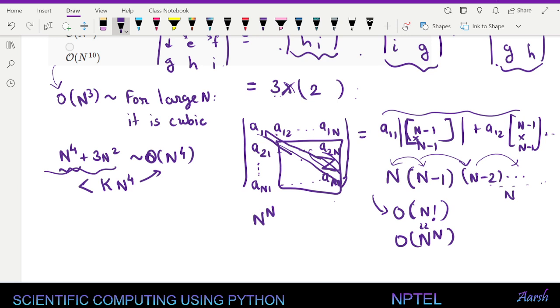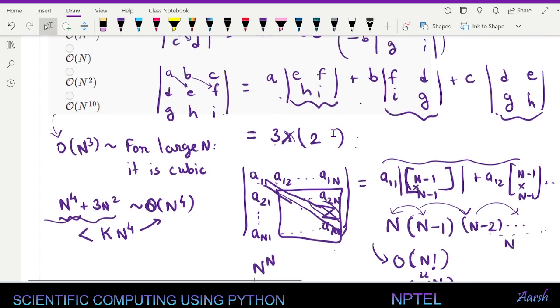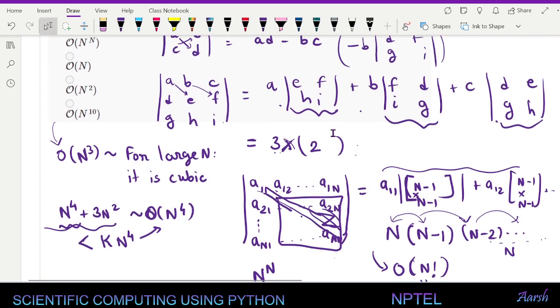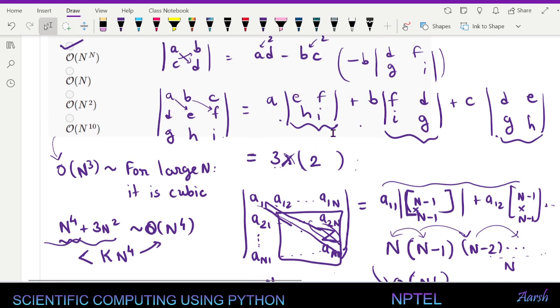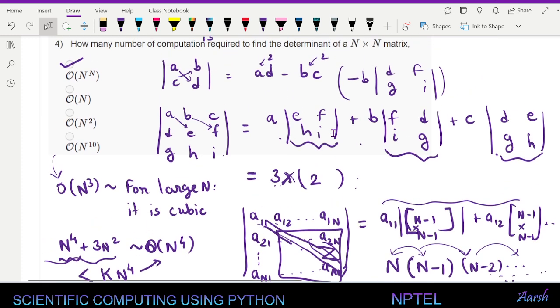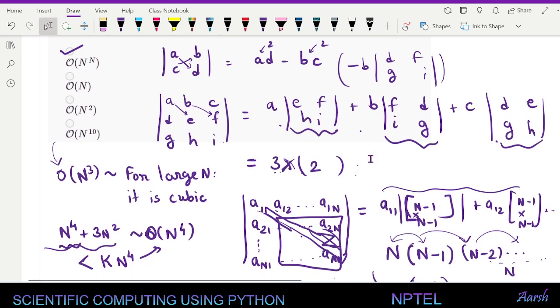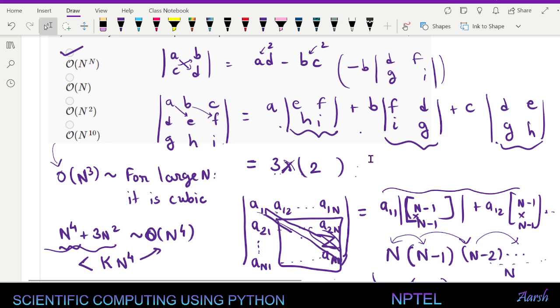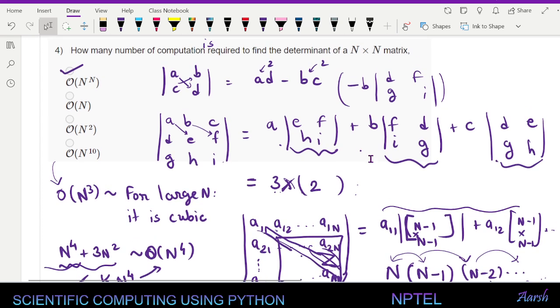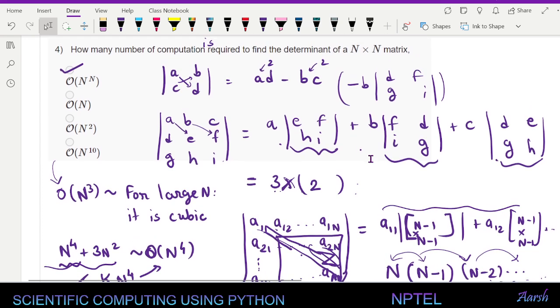But if we see the example we have taken, the three by three matrix A B C D E F G H I, when we solve that, it is three. First is the third order, and first is n, and the second term will be n minus one, E F H I, when we take two. So if we take n into n minus one, that satisfies the thing. But if we take n raised to n, in case of three, that is not matching.